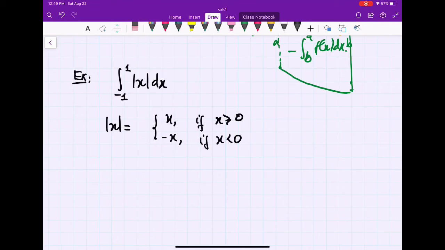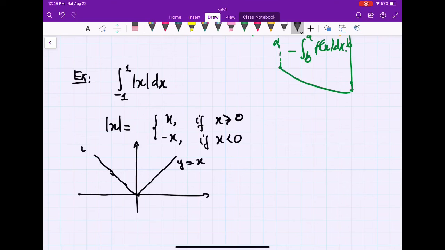And the graph of this function looks like this. This is y equal to x, and this is y equal to negative x. So if you consider the interval from -1 to 1, you have the following picture.